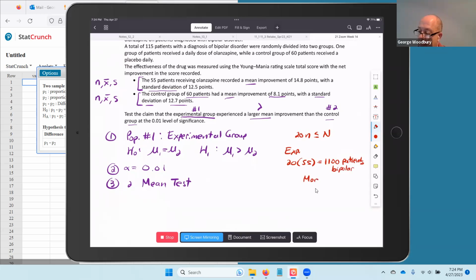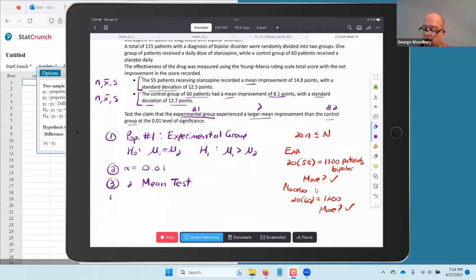Are there more than that? There are definitely more than 1,100 with that. And then for the placebo group, 20 times 60, that's 1,200. And there's more than that too. So the conditions work. We're ready to do our calculations.